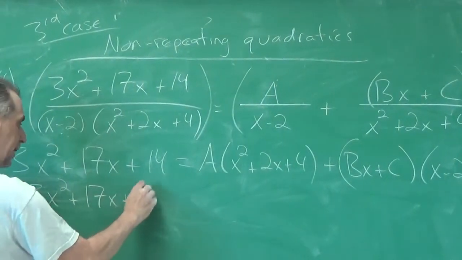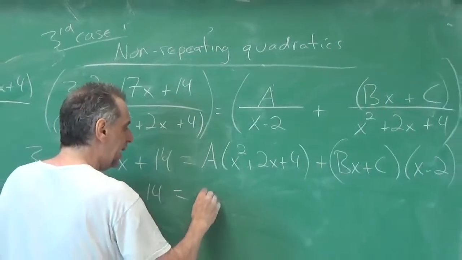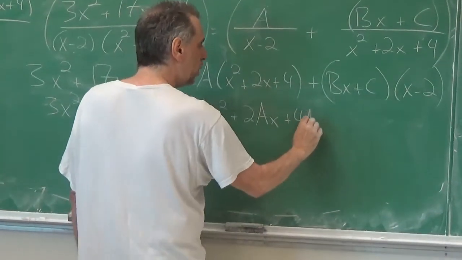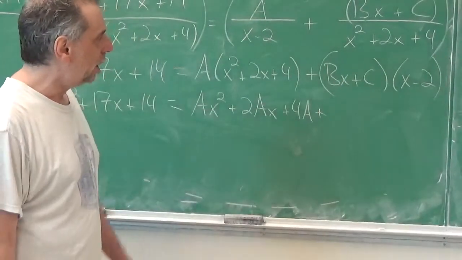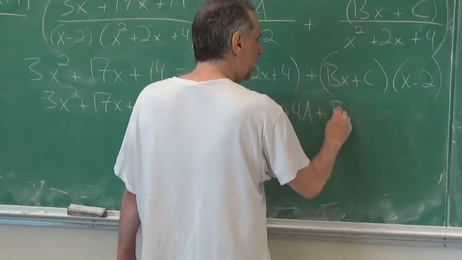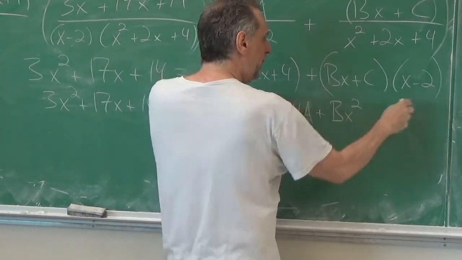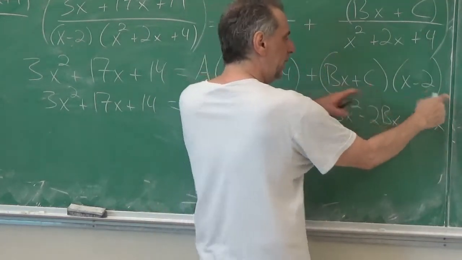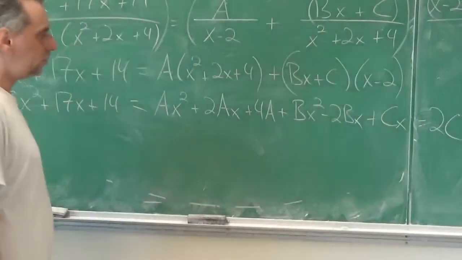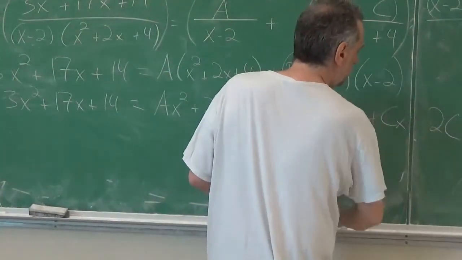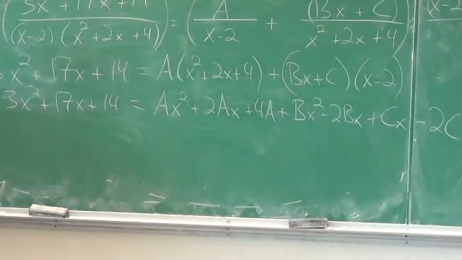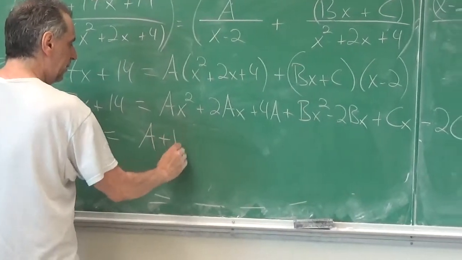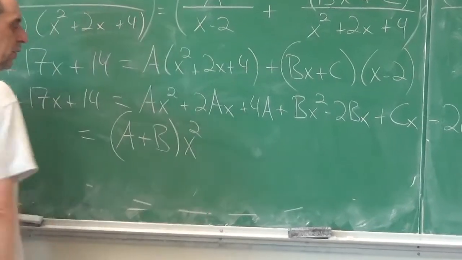Multiply out the right-hand side, or distribute the a here, so we get ax squared plus 2ax plus 4a. And then being careful here, using our FOIL method, we get bx squared minus 2bx plus cx minus 2c. Gathering similar terms, for the x squared we get an a and a b, so we have a plus b on the x squared term.